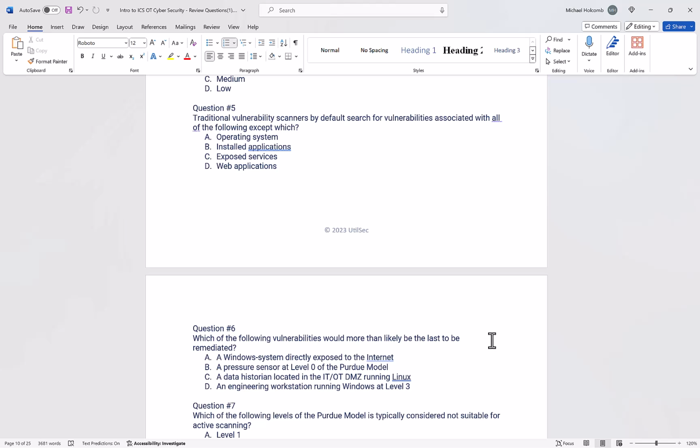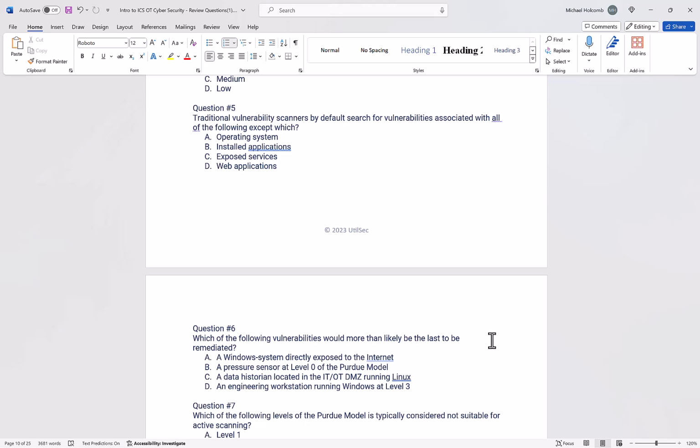A lot of those pieces of software expose themselves as services on the system, so you can remotely connect to them, like let's say a web server. But where those vulnerability scanners fall short is that, at least by default, if they do a scan of a web application, a web app or website that's exposed, it's very minimal.